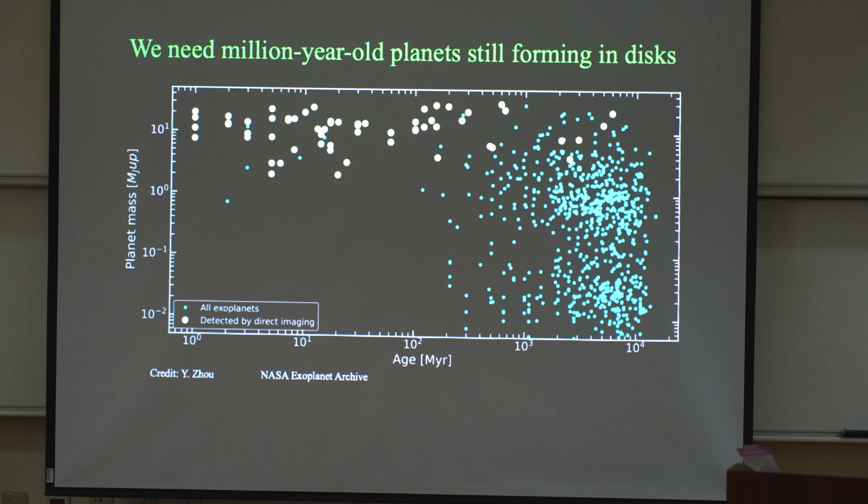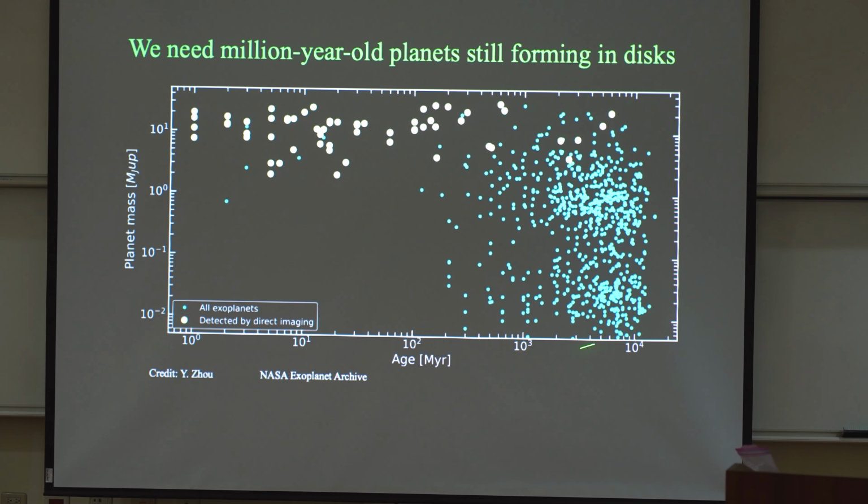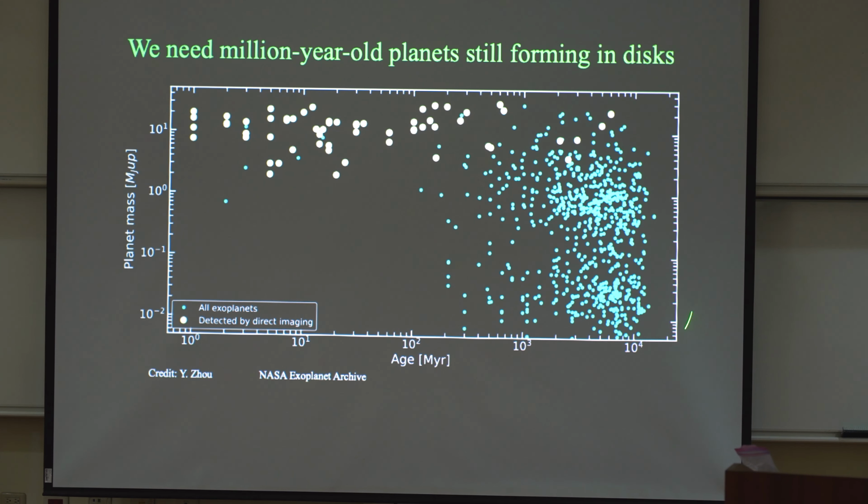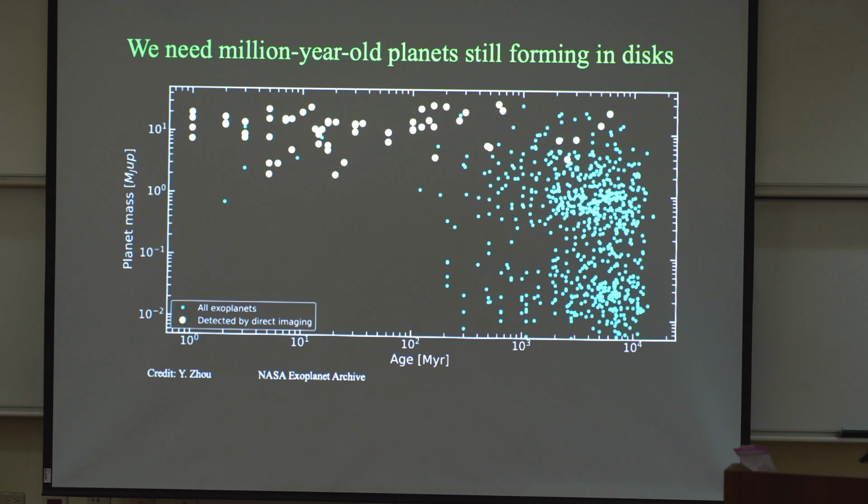So here we're looking at planet mass versus age for a bunch of detected exoplanets. A few thousand exoplanets have been found to date, and this is a subsample of that. In terms of the horizontal axis, this is 1 million years, then 10, 100, a billion years, and then 10 billion years.